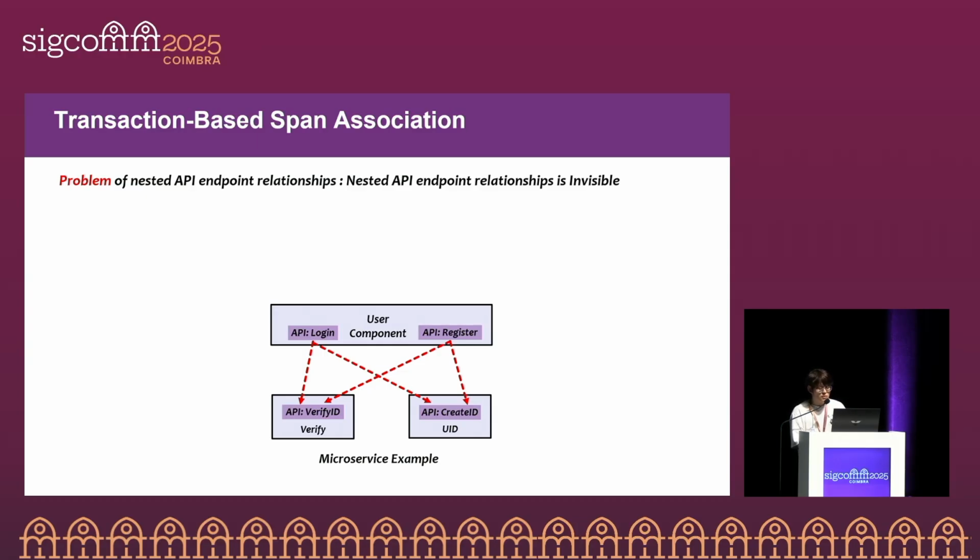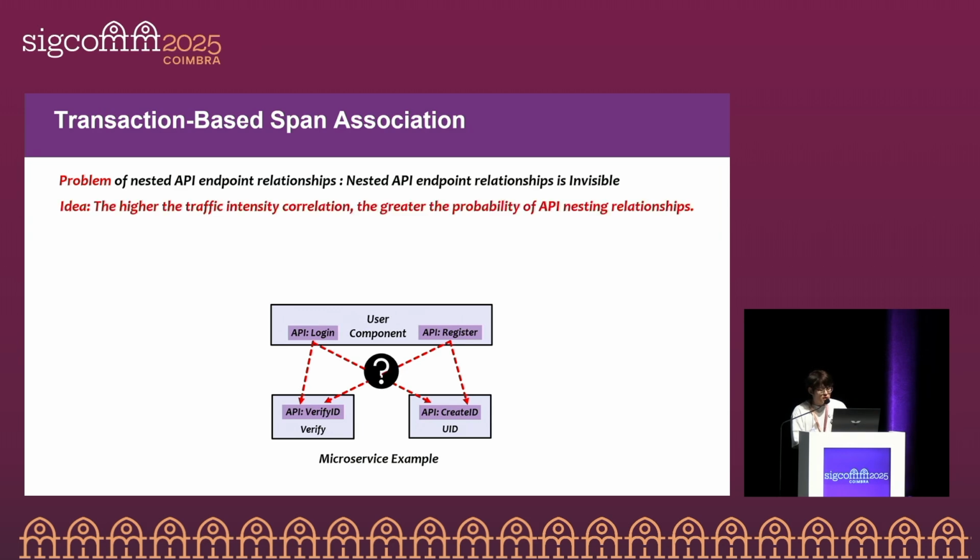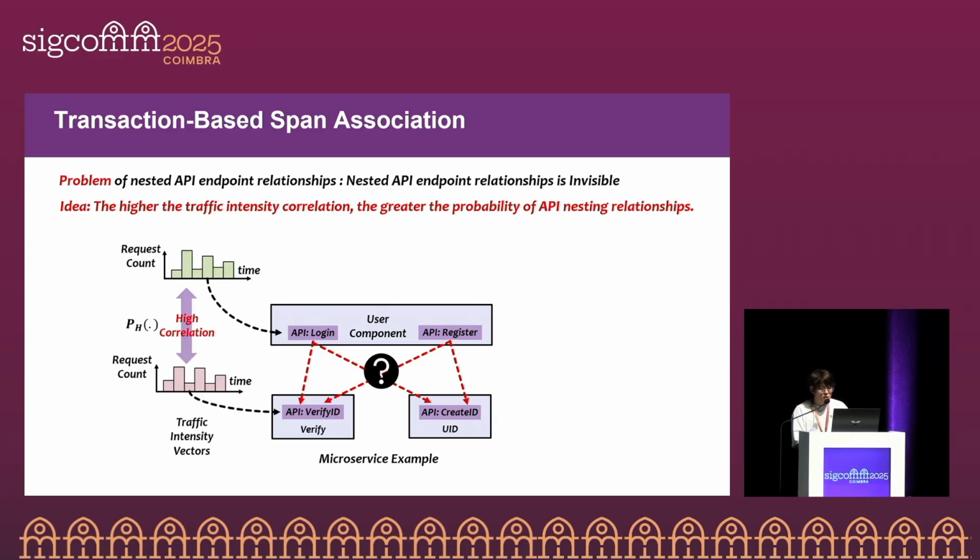Consequently, APIs with stronger traffic intensity correlation are more likely to have a nested relationship. API traffic intensity refers to the arrival rate of requests containing a specific API endpoint. Therefore, we use the Pearson correlation coefficient of API traffic intensity to evaluate the probability of belonging to the same transaction.